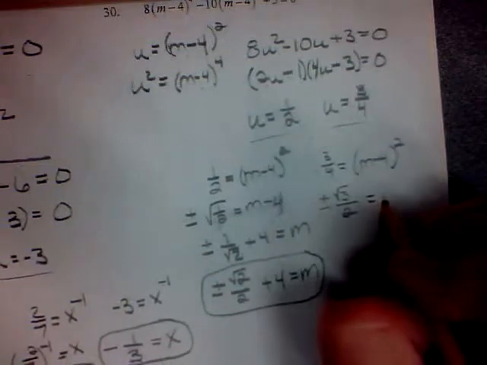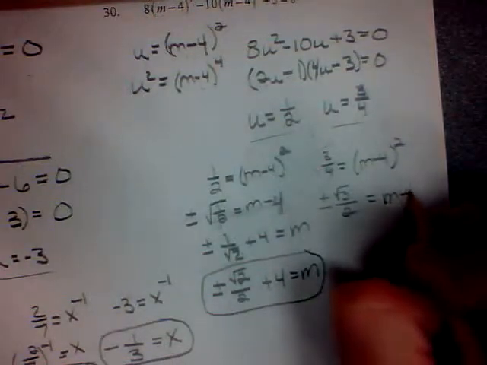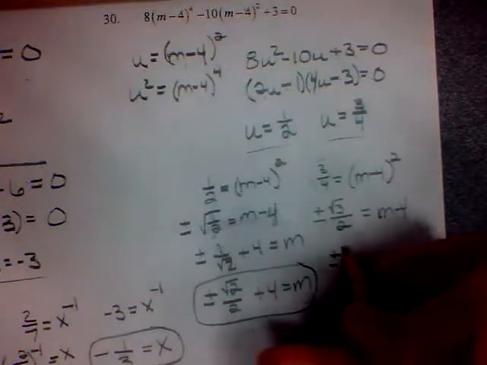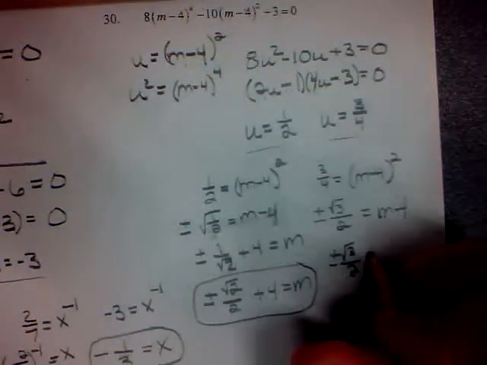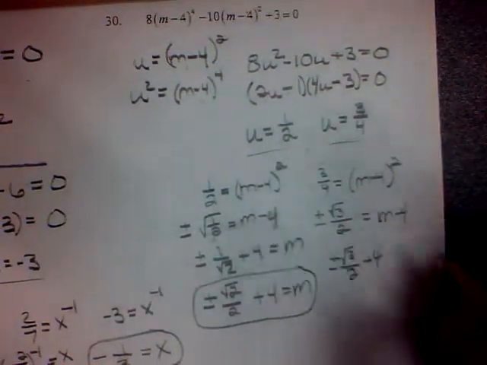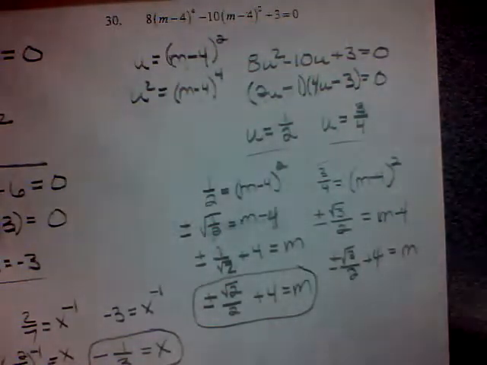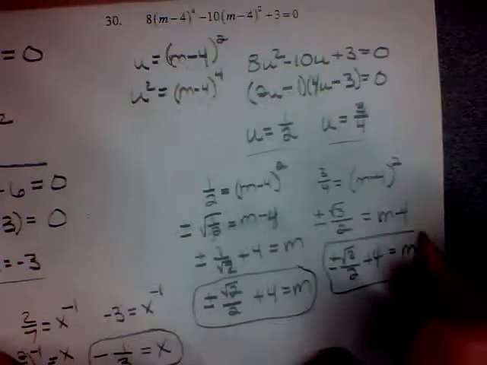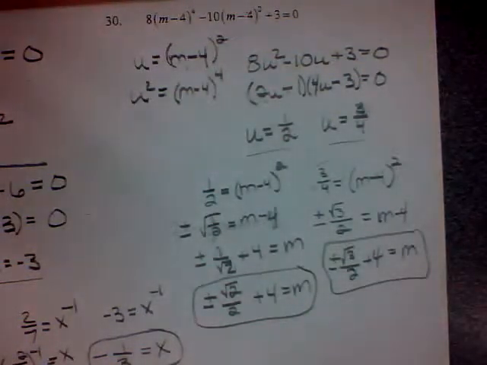That works out a little nicer. That's equal to m minus 4. Bring the 4 over, and you get plus or minus square root of 3 over 2 plus 4 equals m. Okay? So there's your second set of values on that one.